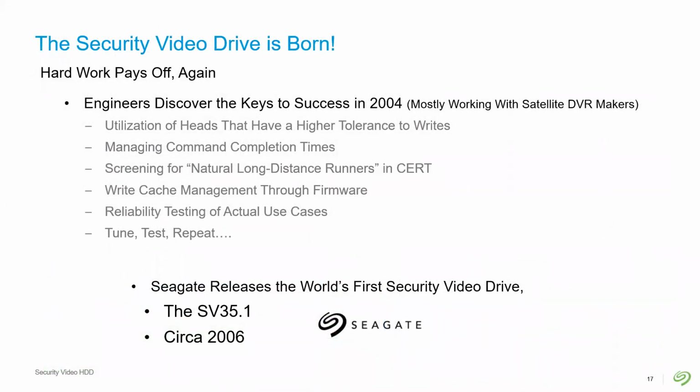Okay, so the security video drive comes out of this effort. Take a look at the things that we did first. First thing we did was we realized, okay, with that higher workload and 24-hour by 7-day-a-week operation, a desktop client drive doesn't really have the quality that we need.